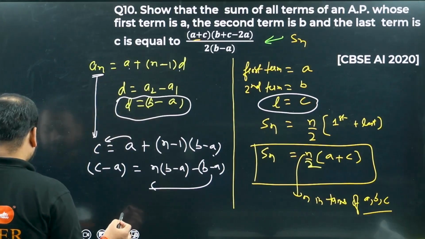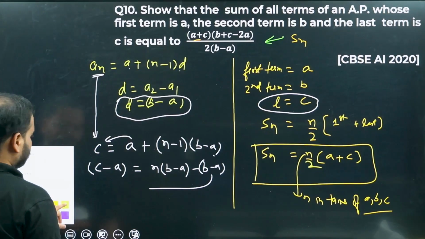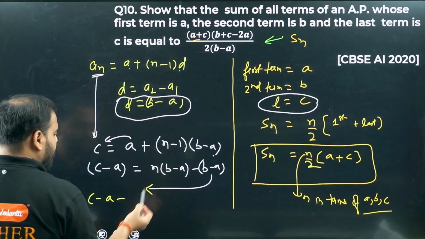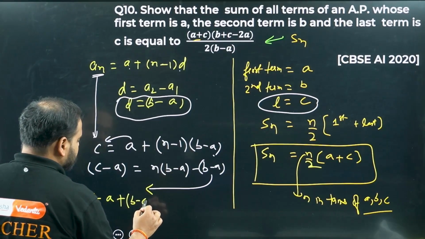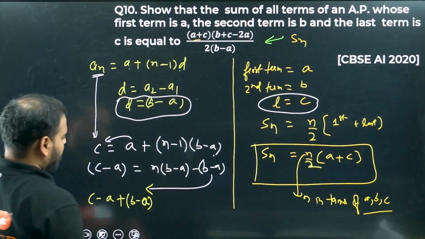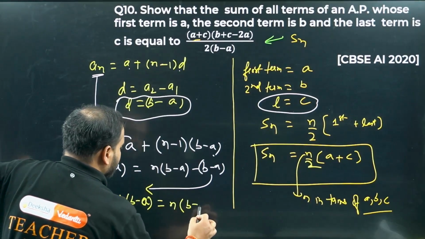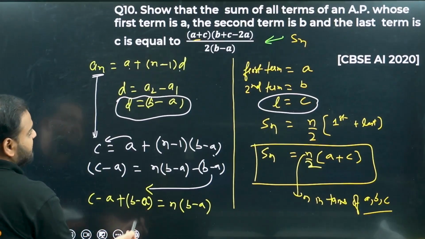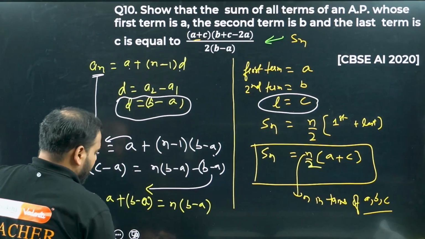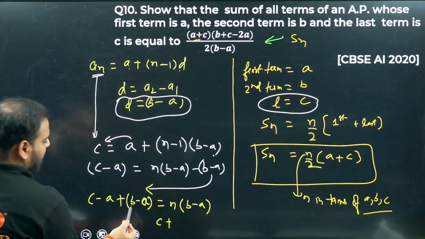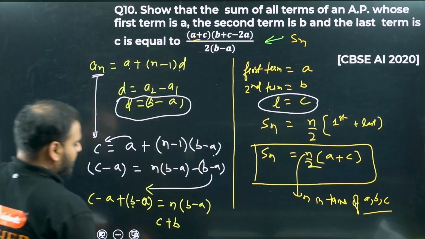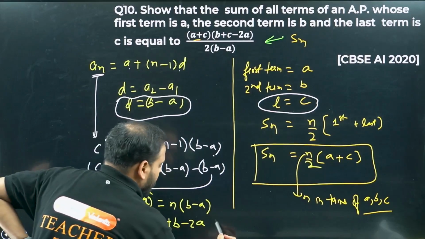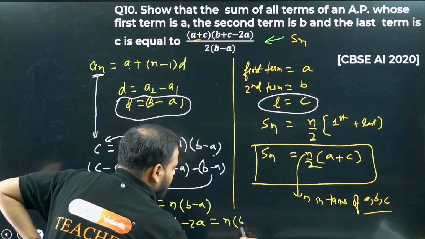I'm going to get C minus A, plus B minus A, equals n times B minus A. So C plus B minus 2A equals n times B minus A.